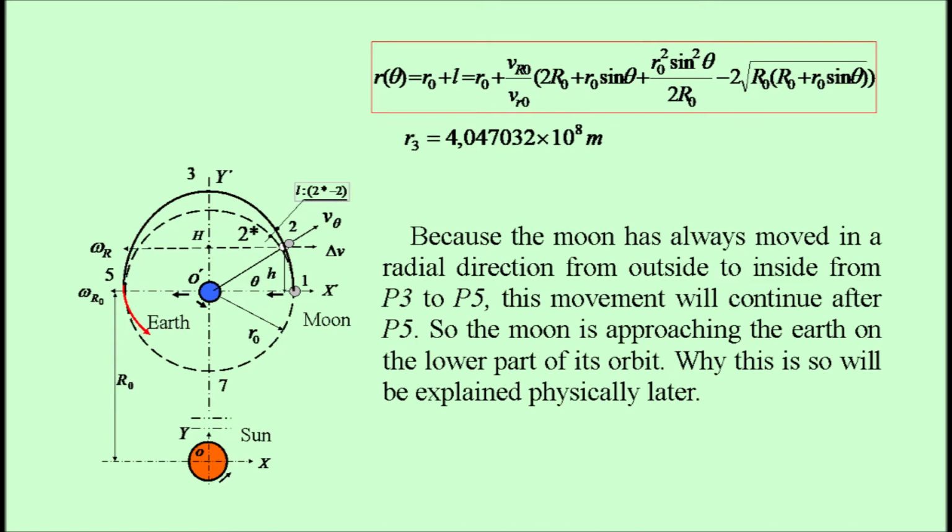Because the Moon has always moved in a radial direction from outside to inside from P3 to P5, this movement will continue after P5. So the Moon is approaching the Earth on the lower part of its orbit. Why this is so will be explained physically later.